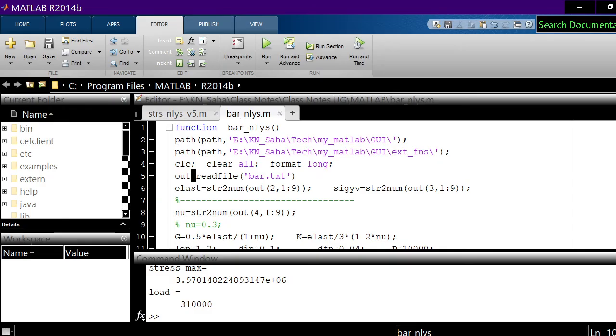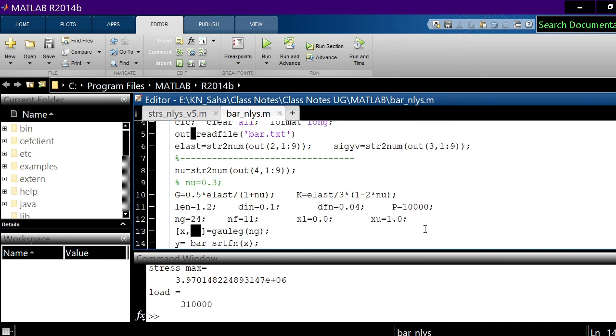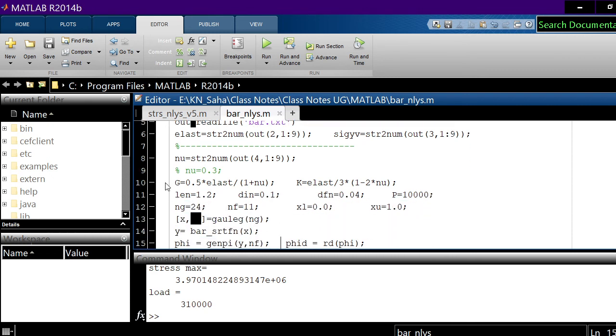So in the program it is there, okay. G is computed, K is computed like this, and then this length is specified 1.2 meter, D to one end and in the other end, that is also specified 0.1 and 0.04. That means 100 millimeter and 40 millimeter, right?